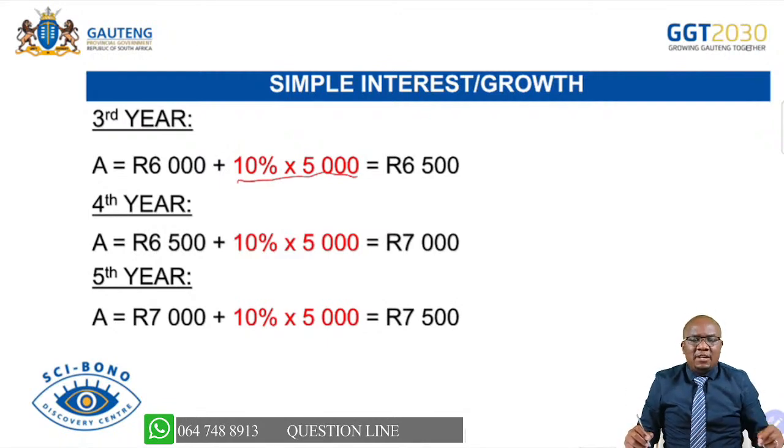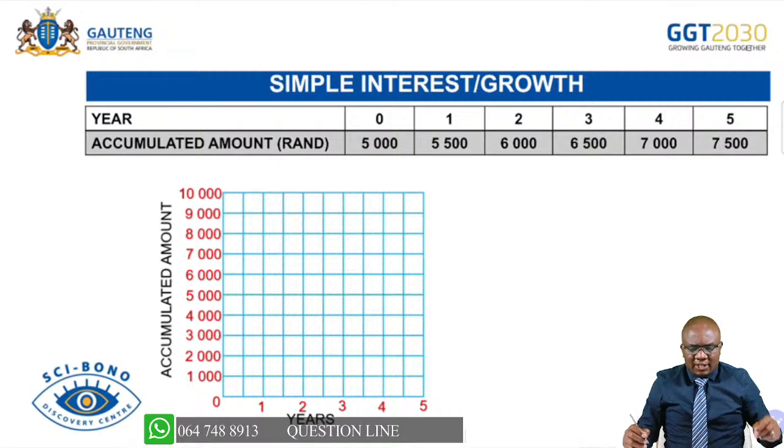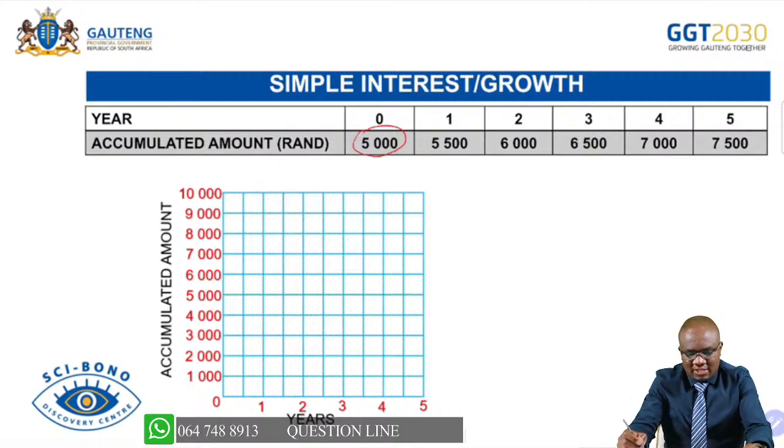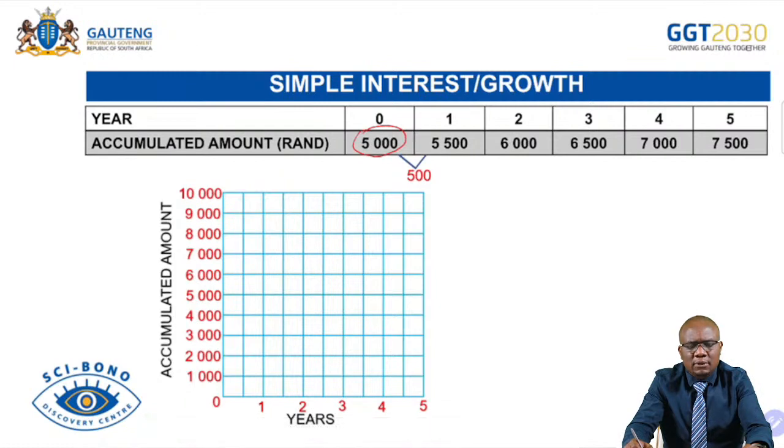Let's see the behavior of simple interest. Now, first year I had 5,000. This is the money that I invested. At the end of the first year there was 5,500. It went up by 500 rand. And then at the end of the second year, I have 6,000.